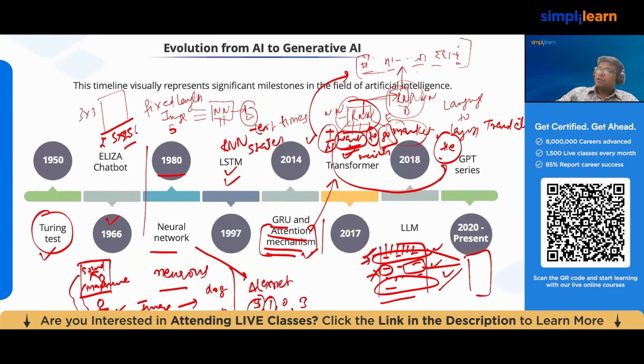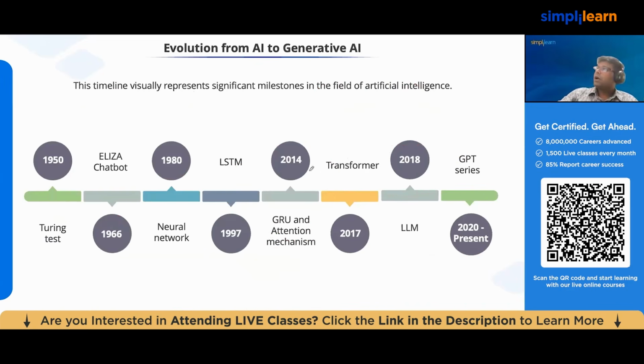After the attention mechanism came, then came the transformer. So transformers came into existence with your attention mechanism. There was a paper, "Attention Is All You Need", which was a major breakthrough for the transformer model.